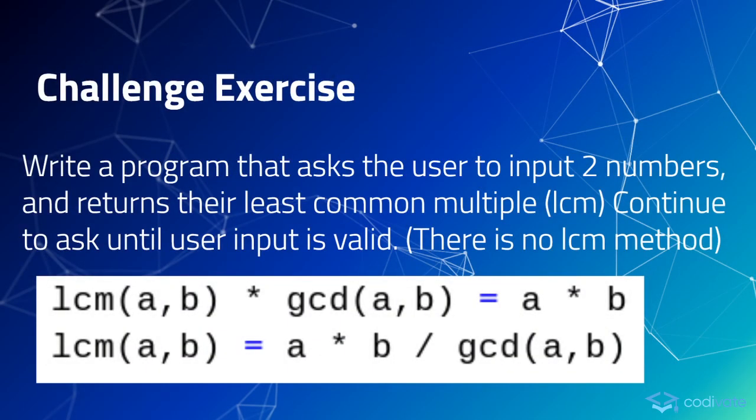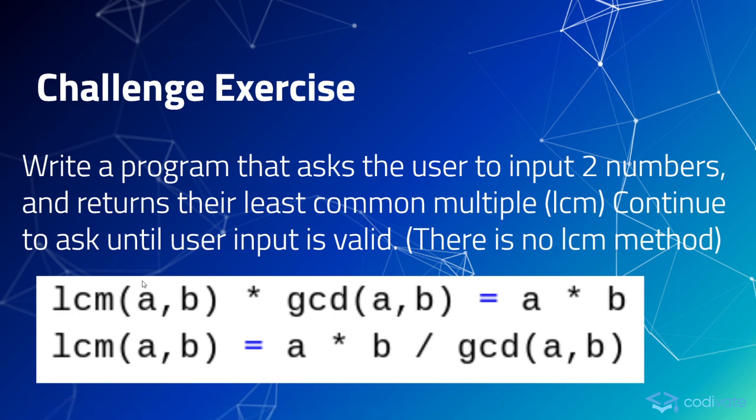So these are the challenge exercises for the week. We have to write a program that asks the user to input 2 numbers and returns their least common multiple. We also have to continue to ask until the user input is valid. One thing to note is that the math module does not have any inbuilt LCM method. So we have to use this formula here to calculate the actual LCM.